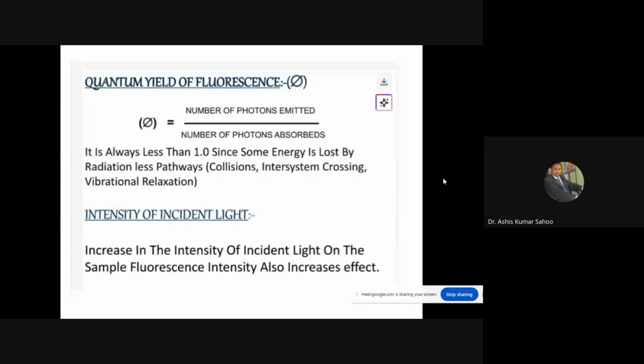Quantum yield of fluorescence is the number of photons emitted divided by the number of photons absorbed.